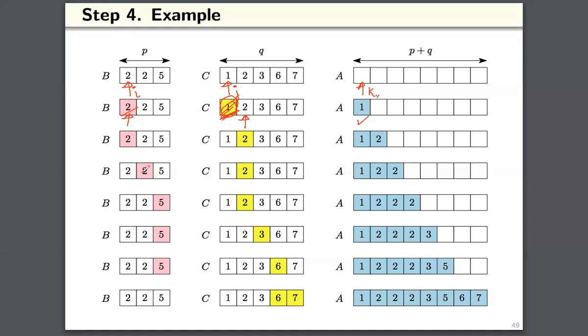You can arbitrarily choose, right? Any of these because they have the same value. Let's assume we are taking the element of B. So that was 2. We place that 2 in A array and increment the pointer I. Because we added this element, we are done with this element. Let's move the pointer. I points to 2 here. J still points to 2.